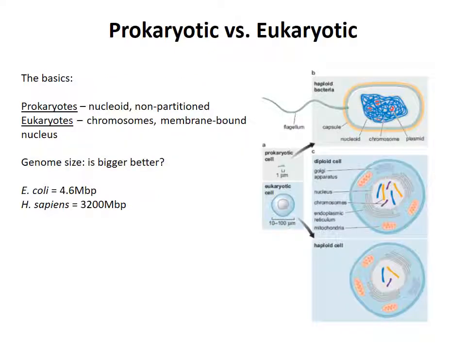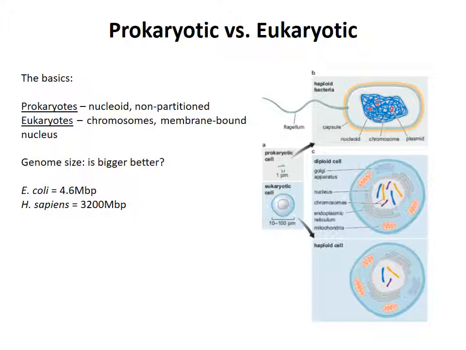Okay, we'll begin with some of the basics, just a very brief refresher. Most of you will know this already, but prokaryotic genomes are very simple. Often bacteria have a single chromosome that exists as a circular nucleoid, and it exists within the prokaryotic cell in a non-partitioned manner.